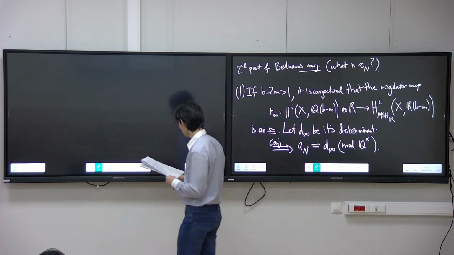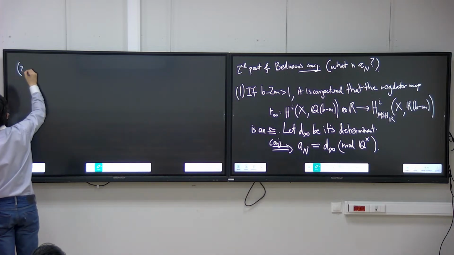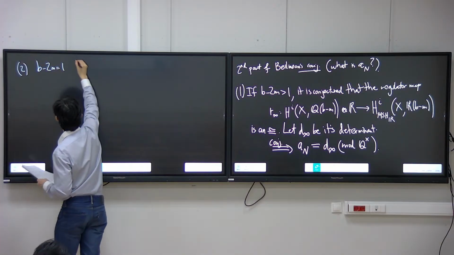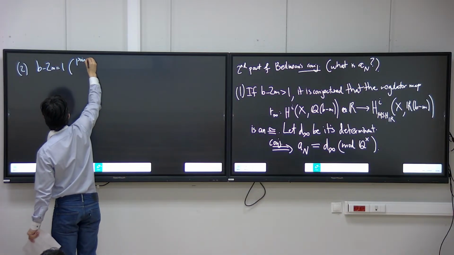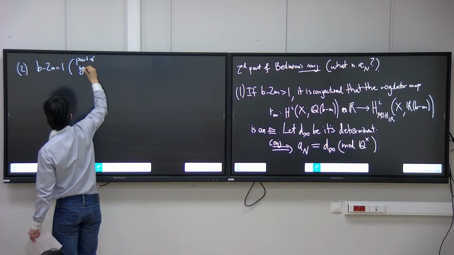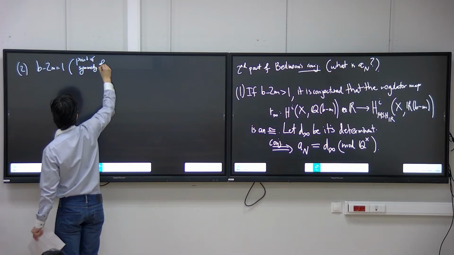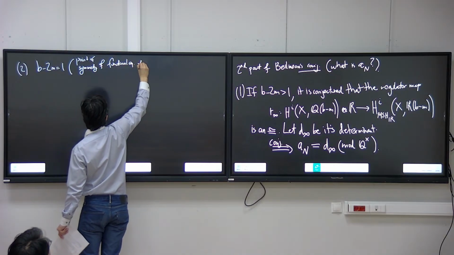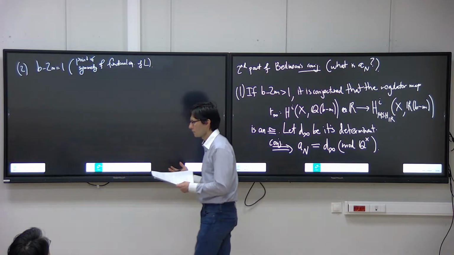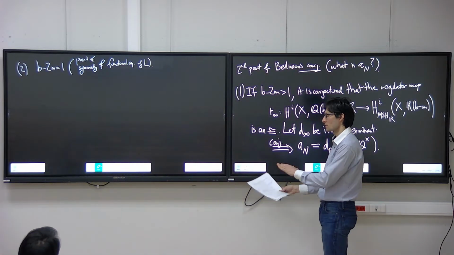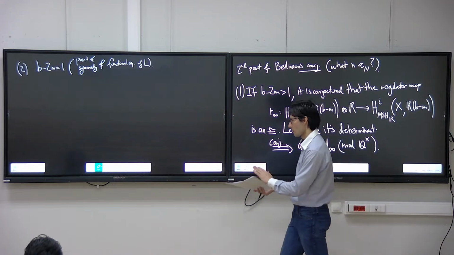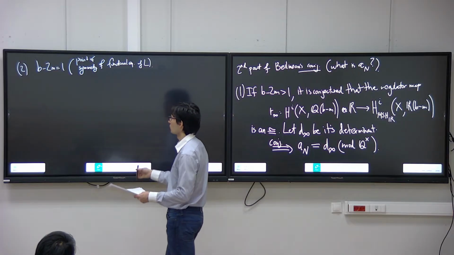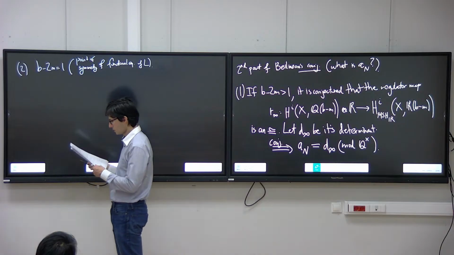Let's look at the other settings. So in the setting b-2m is equal to 1, this is also the point of symmetry of the functional equation of L. Just in case, the L-function is conjectured to satisfy some functional equation. There are two terms on the left side and right-hand side, and by swapping the terms there's a point of symmetry, and this is the case where it happens.